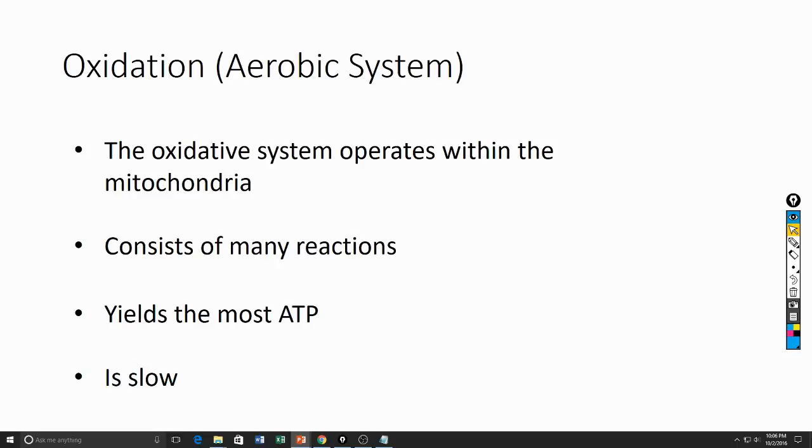So that's one of the reasons the aerobic system is a bit slower. You have to get stuff into the mitochondria, and the reactions are long and slow. Now, the upshot of all this is you get a lot of energy, tons of energy compared to the glycolytic system.